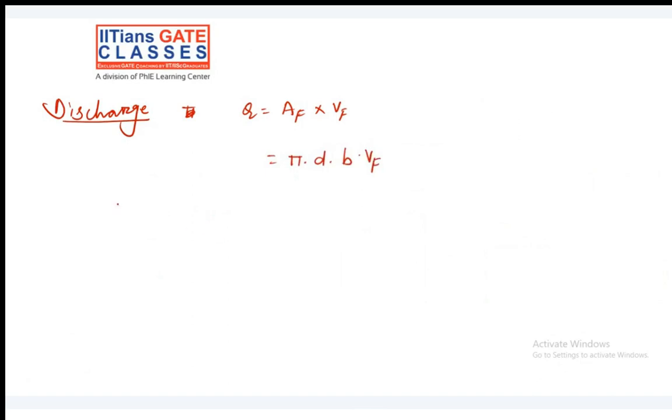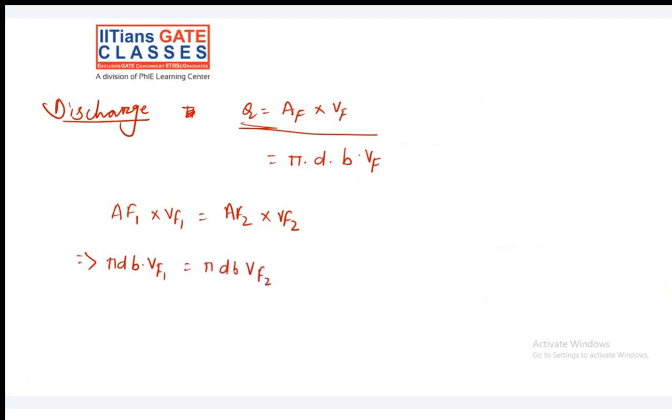So can I say that if this discharge is to remain the same, then Af1 into Vf1 is equal to Af2 into Vf2? So can I write pi d1 b1 vf1 is equal to pi d2 b2 vf2?